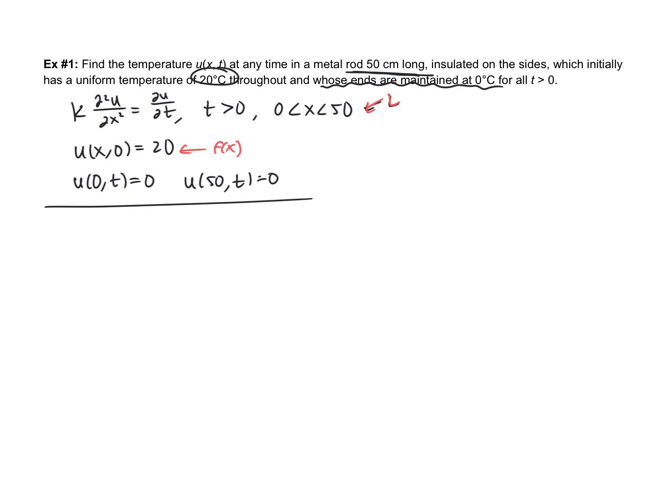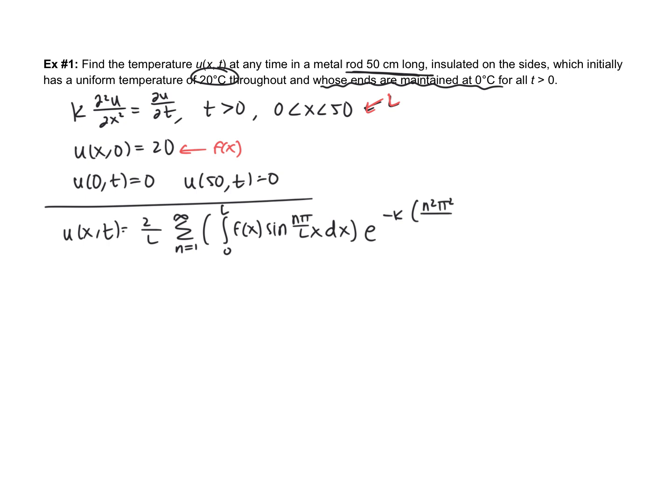Okay, so what we saw on the previous page, what we derived, our u of x,t is going to be 2 over L, the summation from n equals 1 to infinity, the integral from 0 to L of f of x sine of n pi over L x dx, and then we're going to have e to the negative k n squared pi squared over L squared t sine of n pi over L x.